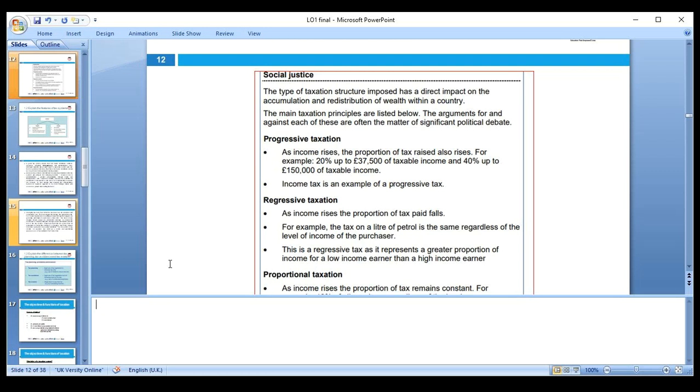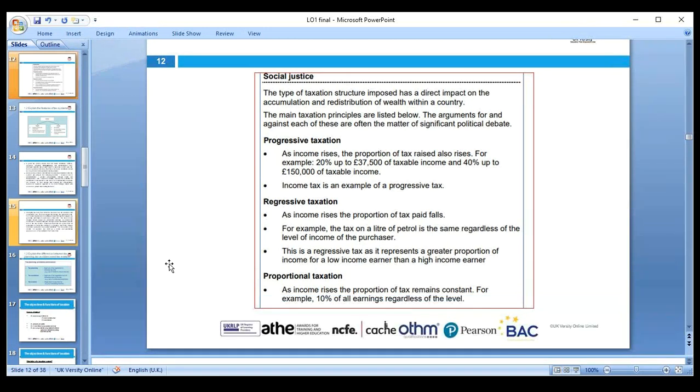Proportional is income rises and the proportion of tax remains constant, for example 10% on all earnings regardless of the level. In some country, whatever you earn, you just pay 10% of the income.